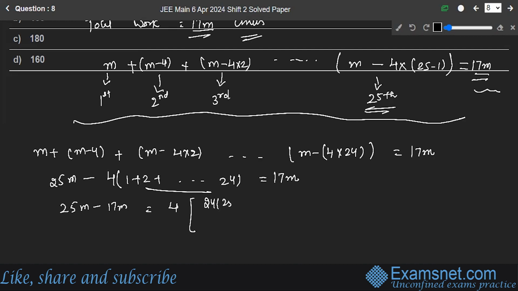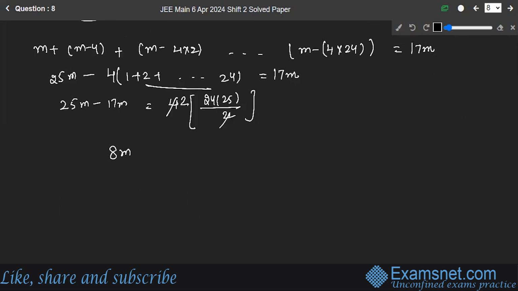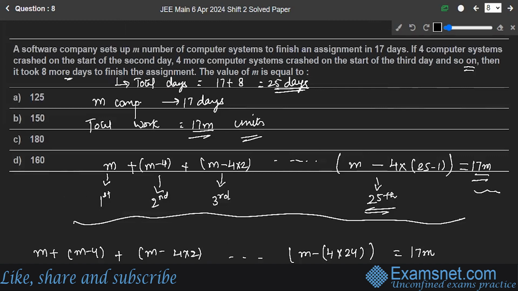So this is 24 into 25 upon 2. This cancels like this, and you have 8M is equal to 50 into 24, right? This cancels, and you have 150 as the right answer. Okay, so that means the number of computers initially, that was equal to 150. Option B. Hope you got that.